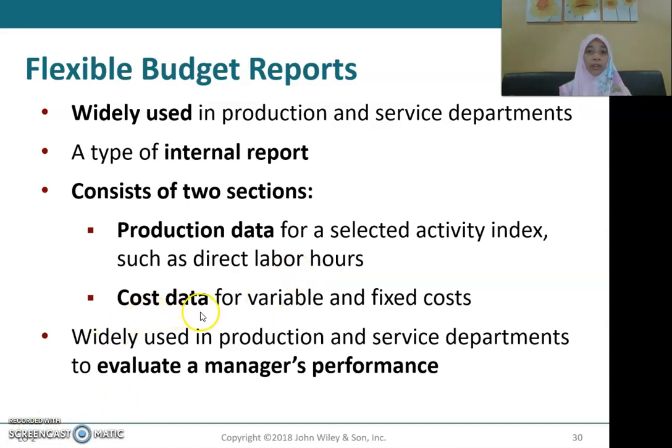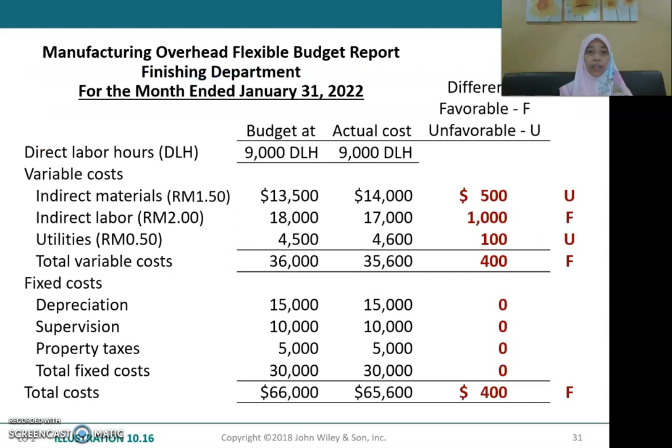Then your cost data normally will be divided into variable and fixed. It is used to evaluate a manager's performance. So the flexible budget will give you richer information, as it flexes based on the level of activity.